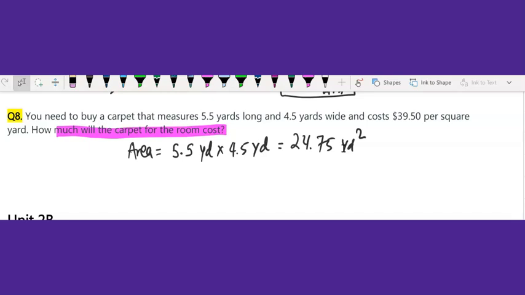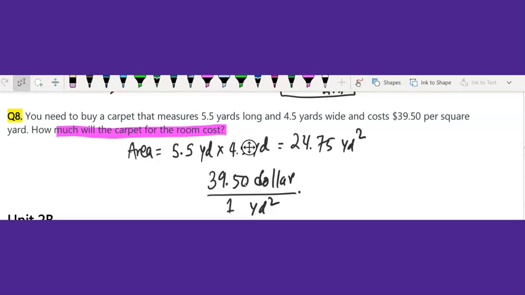So what's the cost? The cost is going to be $39.50 per square yard. In other words, for 1 square yard it costs $39.50.